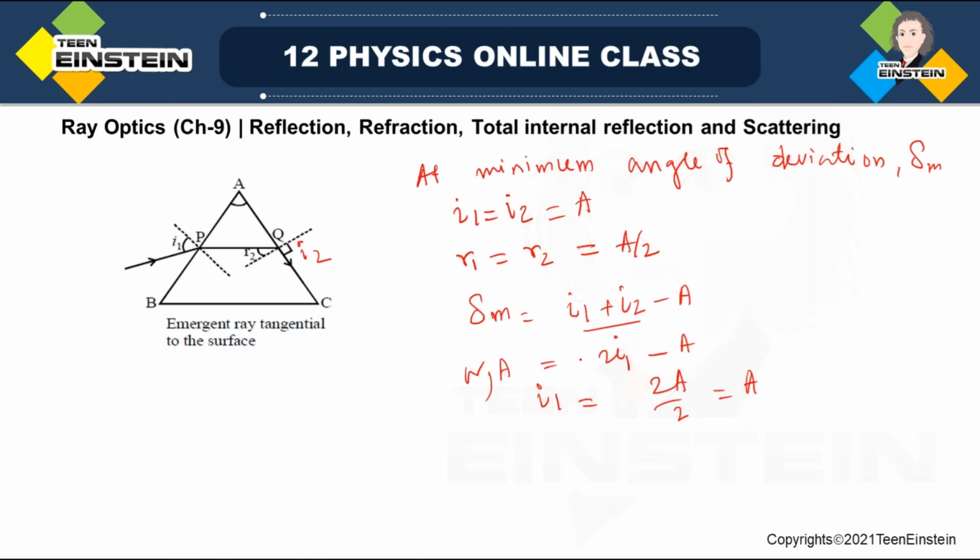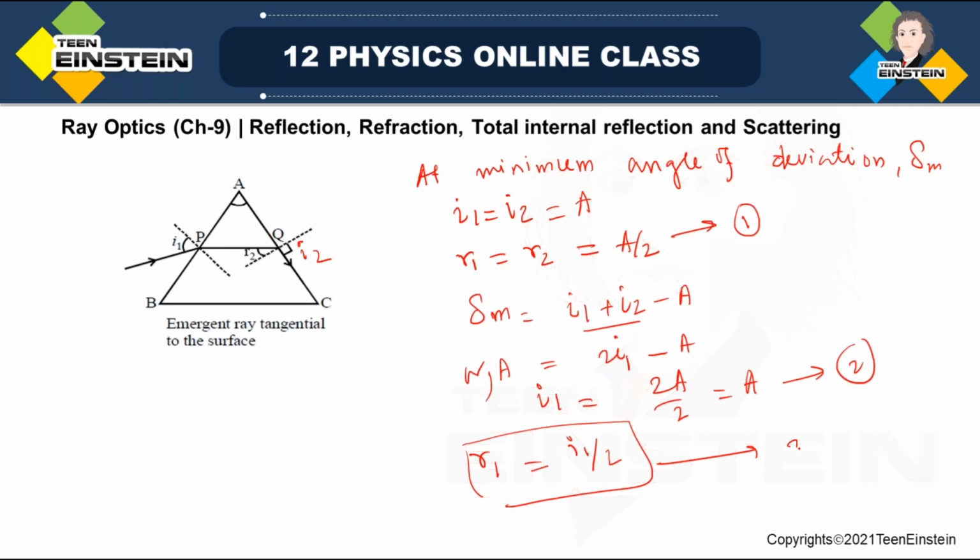Now we can actually have a relation between I1 and R1 from here. If I give this as 1 and this as number 2, then we can draw the conclusion that R1 is equal to I1 by 2. We'll just keep this for now as equation number 3.